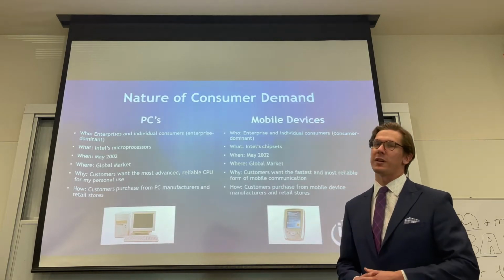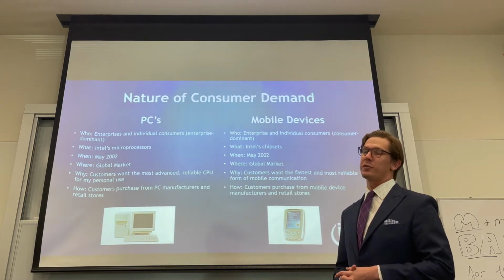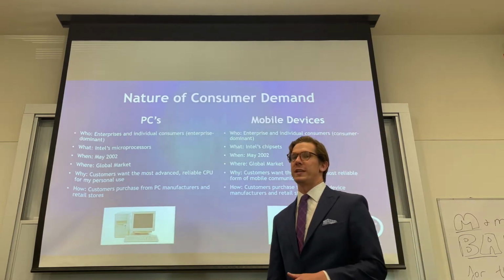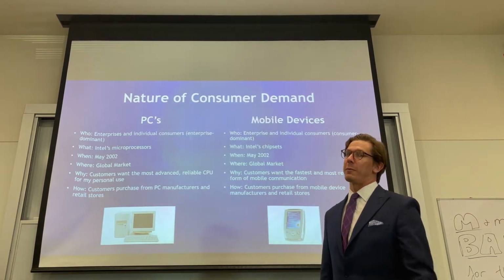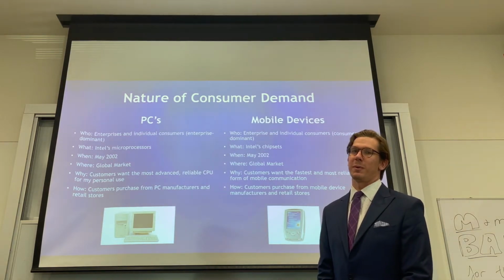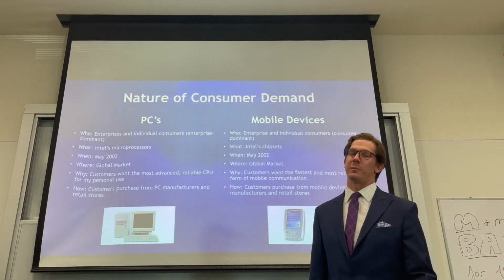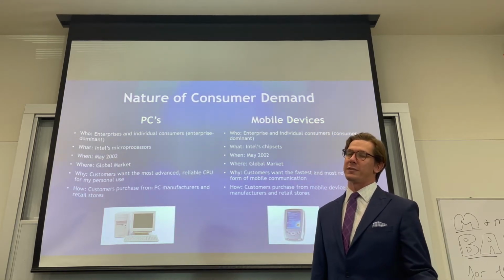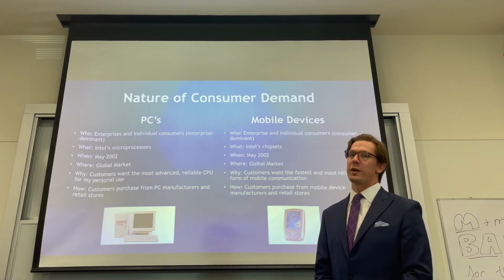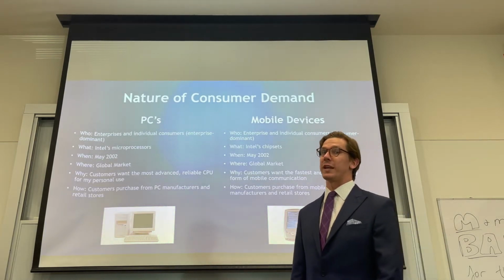Looking at the PC market and the mobile market, who are we talking about as a consumer? Enterprise and individual consumers, with the PC market being dominated by the enterprise segment and the mobile device market dominated by the consumer segment. What are we talking about? We're talking about processors and chipsets for mobile devices, specifically Intel's. When and where? This is 2002, and we're looking at this from a global perspective to gain a full understanding.